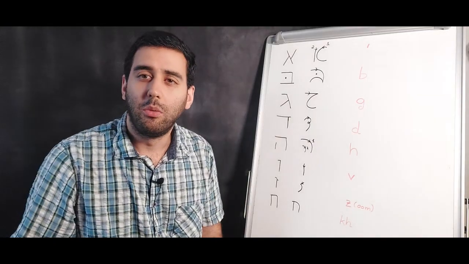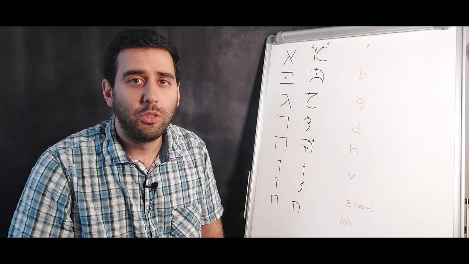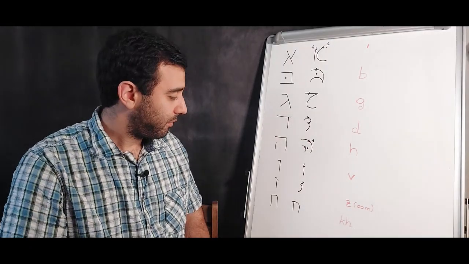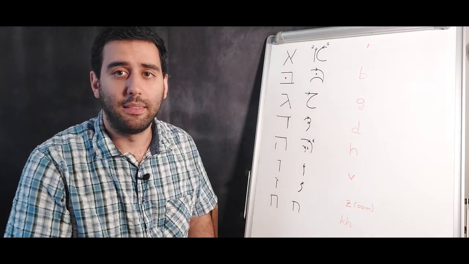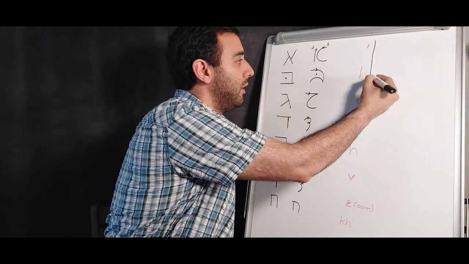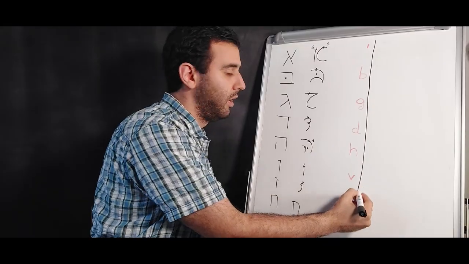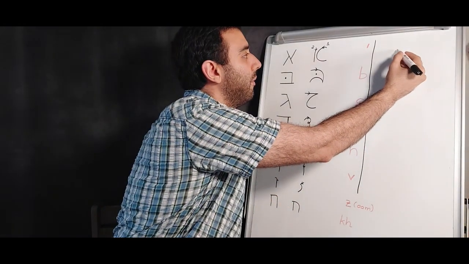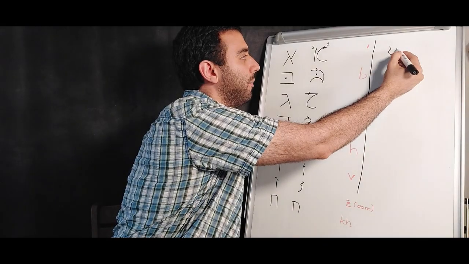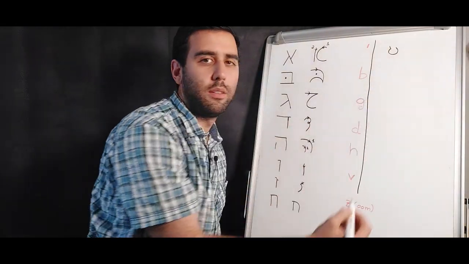We have 3 more letters I want to do now, and I'll just write them on this side. So the next letter is Tet. Okay, so write it. I just put a line over here, and then I write it there. Tet.